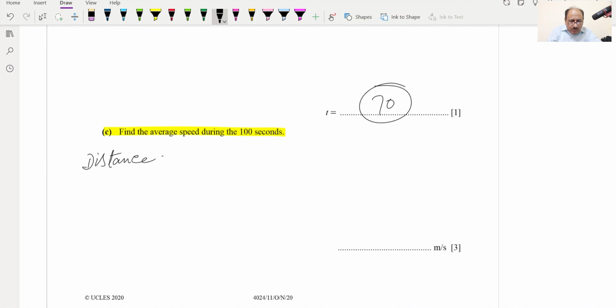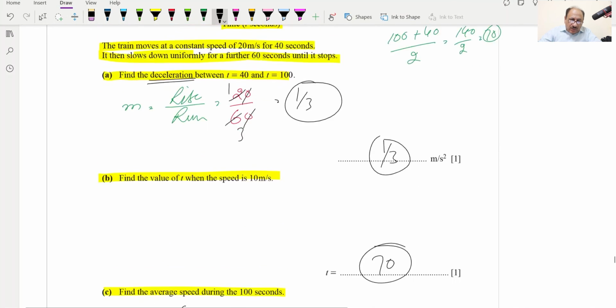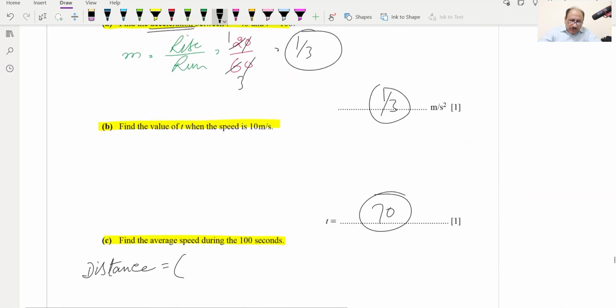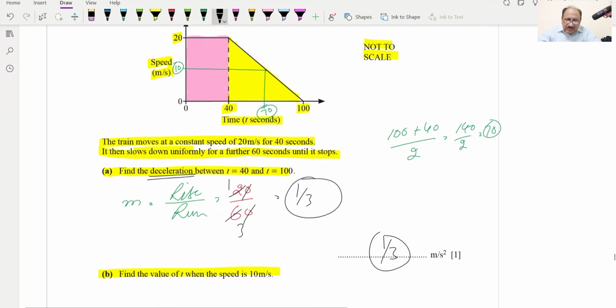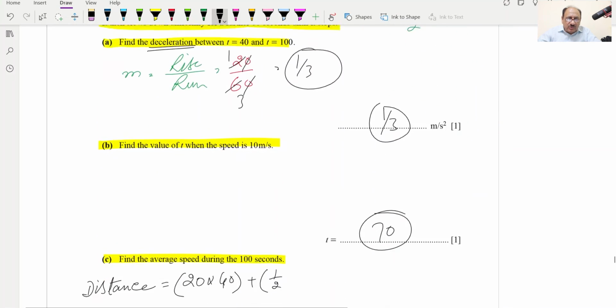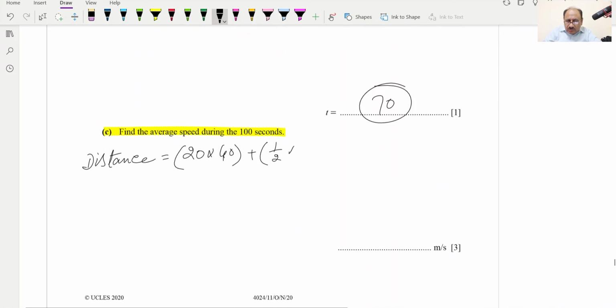Distance is equal to the area of the rectangle, where one side is 20 and the other side is 40. So 20 into 40, plus the area of the triangle, which is 1 by 2 into base into height. Base is 60 and height is 20, so 60 into 20. We can simplify: this will be 800, and plus this one we can cancel, so 10, and it will be 600, so this will be 1400.